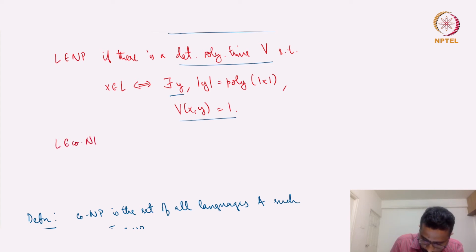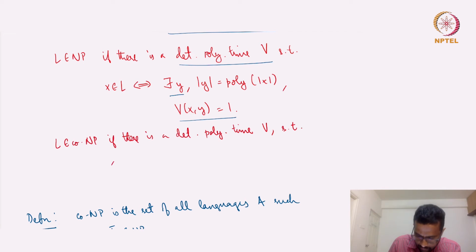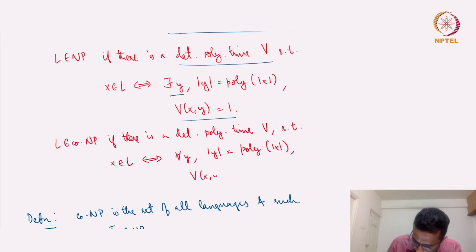L is in co-NP if there is a deterministic polynomial time machine V such that x is in L if and only if, for all y such that the length of y is polynomial in the length of x, V(x, y) will be 1. This entire thing is flipped.